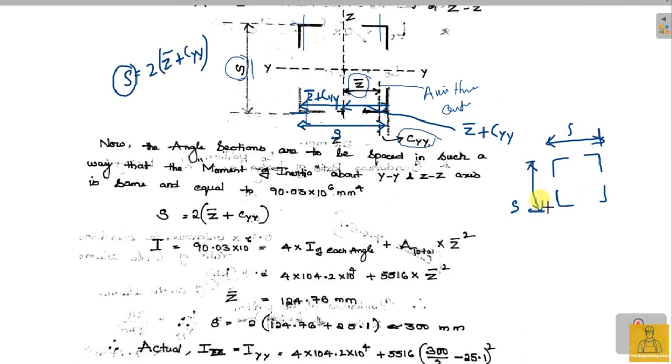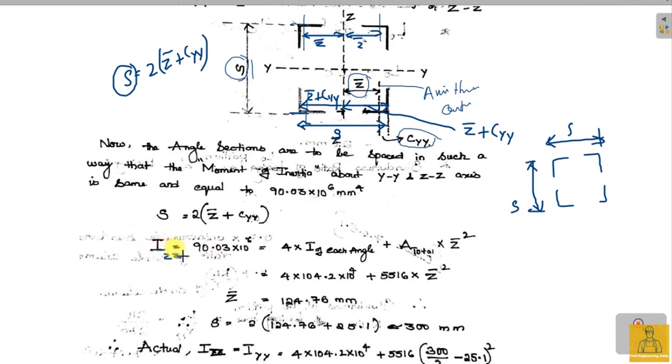So let us write the equation for the moment of inertia about ZZ. They are equidistant, right? This is Z bar, and this is Z bar, and this is Z bar.